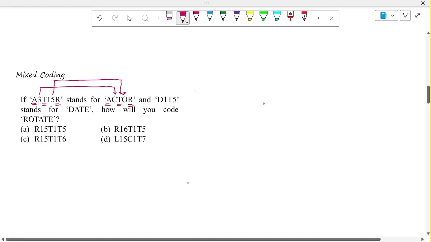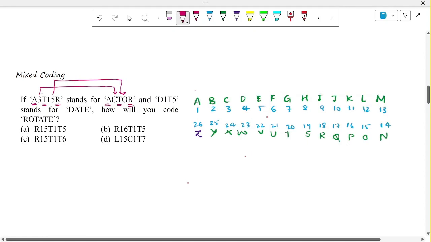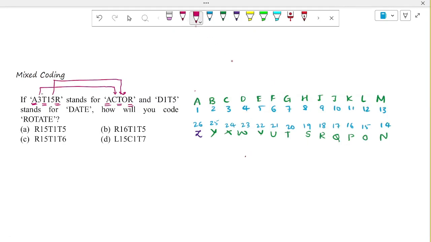So number 3 is C, number 15 is O. So it is corresponding to these digits, and alternatively they have replaced these numbers with the alphabets. In the same way, this is also given.